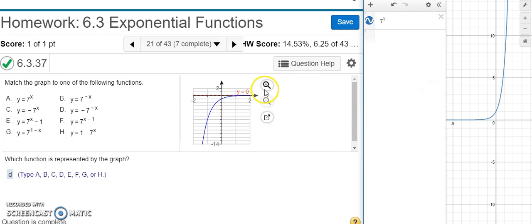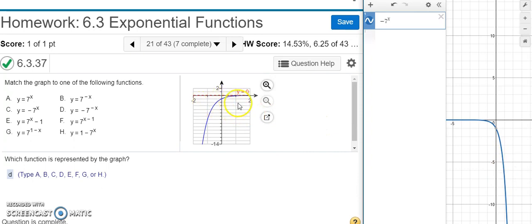So we notice that this one has been reflected across the x-axis. So we know that we're looking for some type of negative in front of the entire function. So that reflects it down across the x-axis. But notice that if you reflect the regular exponential function down, you still don't quite have this picture. So you see what it looks like when it's reflected down, but we see that, hey, guess what?